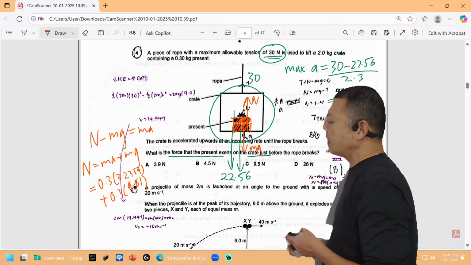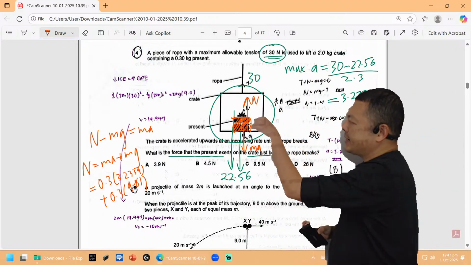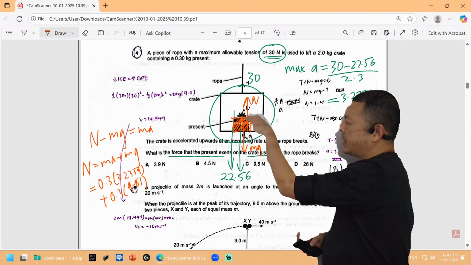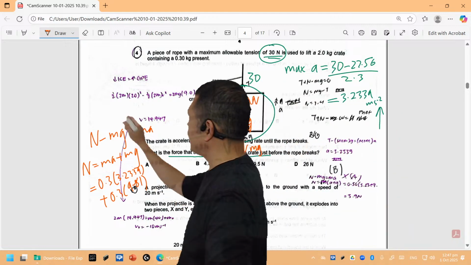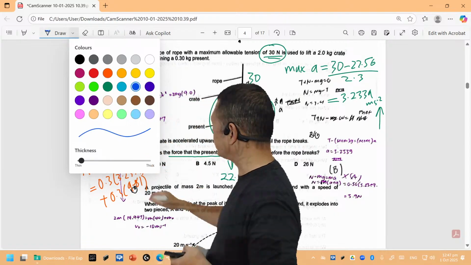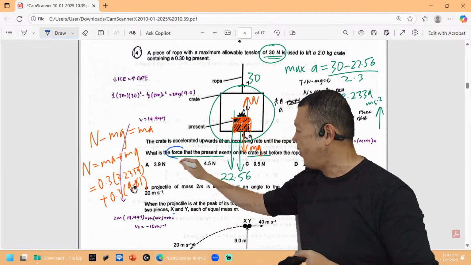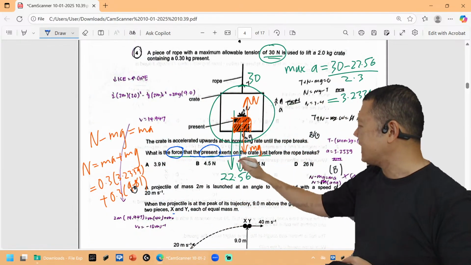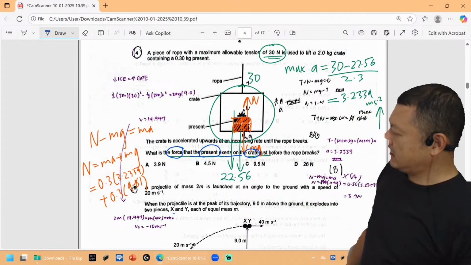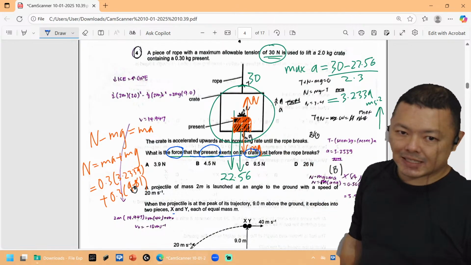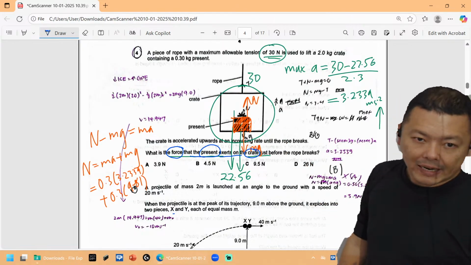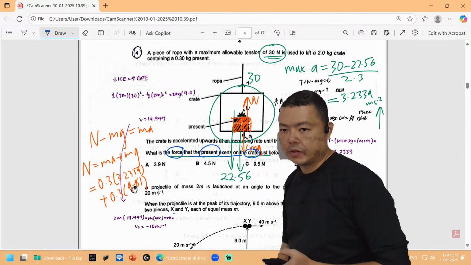That will be the normal contact force on the present by the crate. You calculate that first. And then the last step is to recognize that if they ask you what's the force that the present exerts on the crate, it will be the same N value, because that's N prime, the action-reaction pair that they're asking for.